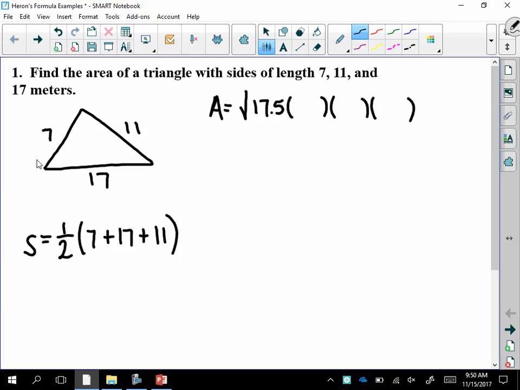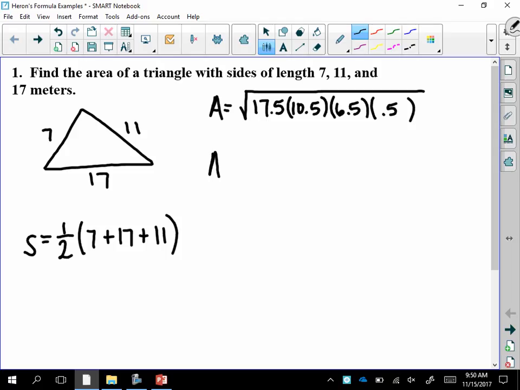So 17.5 minus 7 would be 10.5. 17.5 minus 11 would be 6.5. 17.5 minus 17 would be 1/2. So we'll do the square root of 17.5 times 10.5 times 6.5 times 0.5.